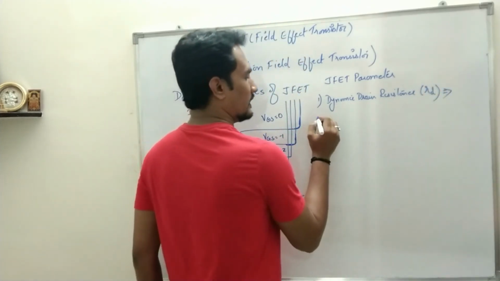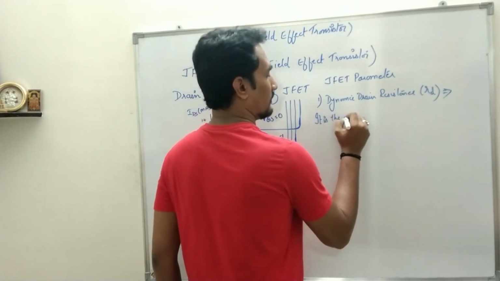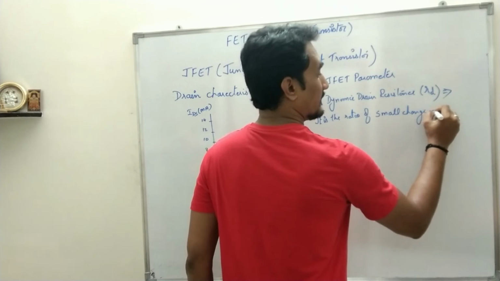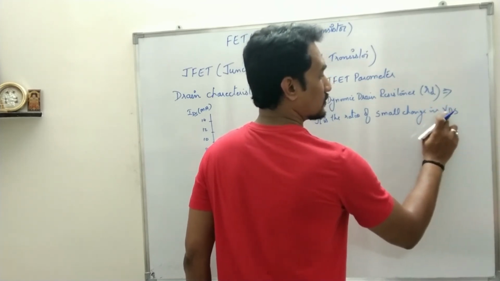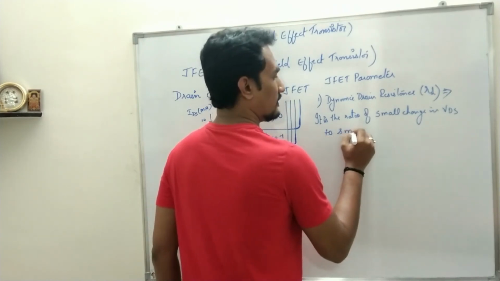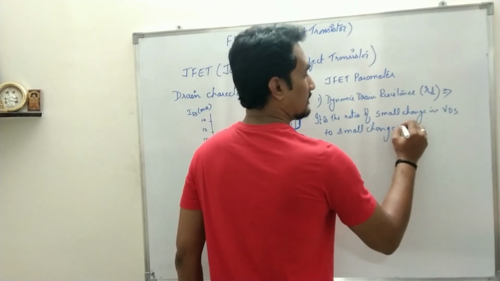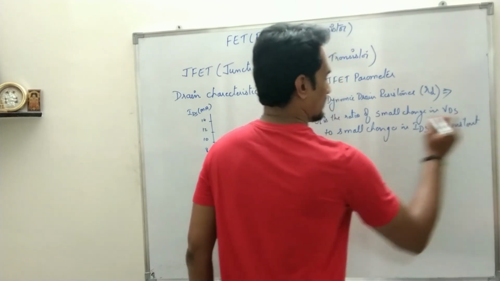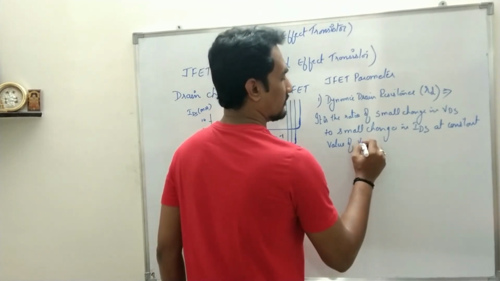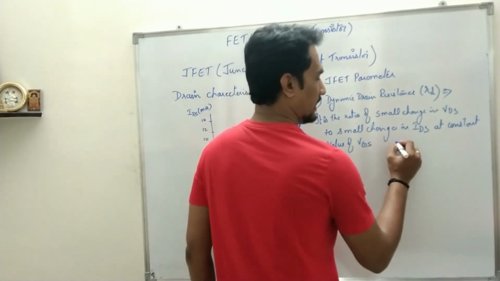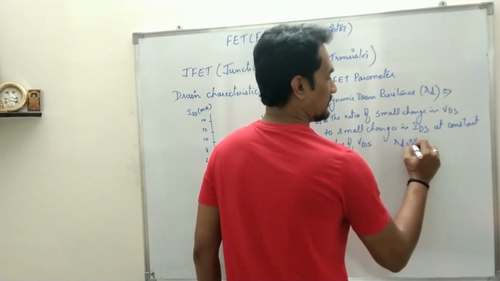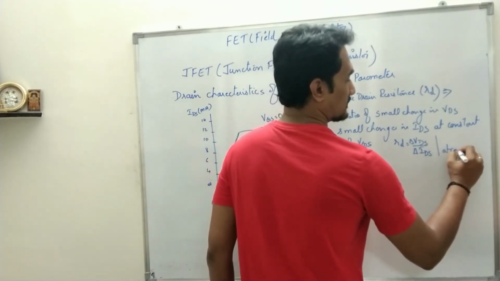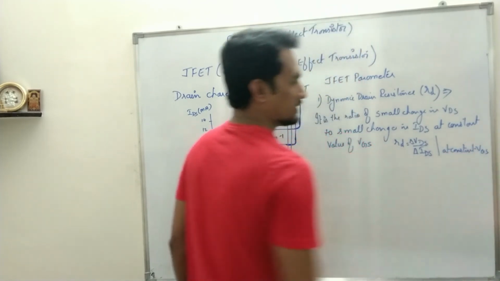It is the ratio of a small change in VDS, that means drain to source voltage, to the small change in IDS, that is drain to source current, at constant VGS. So RD is given by delta VDS to delta IDS at constant VGS.